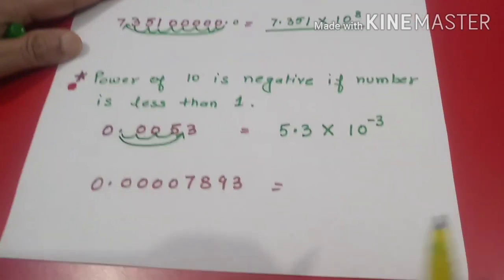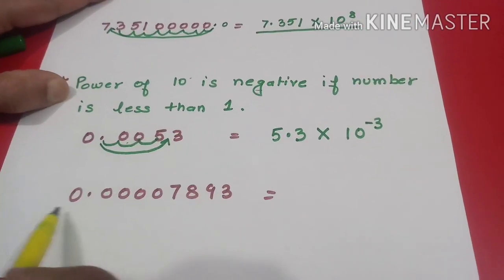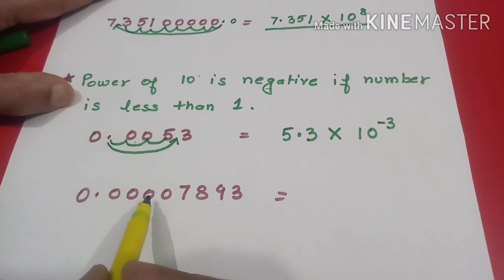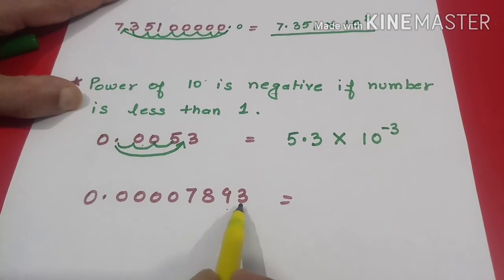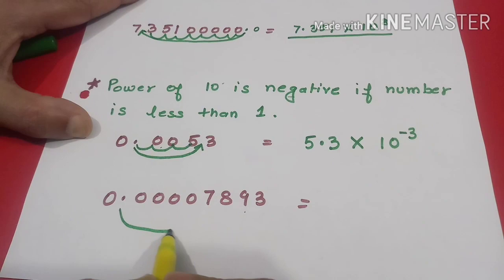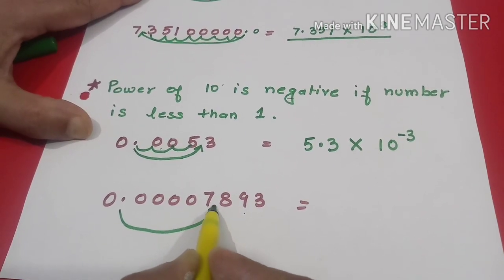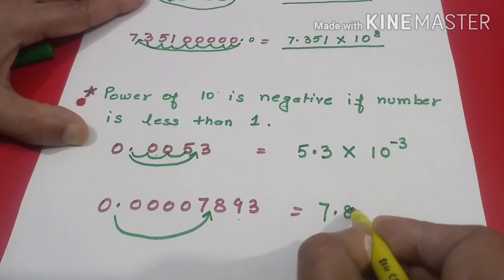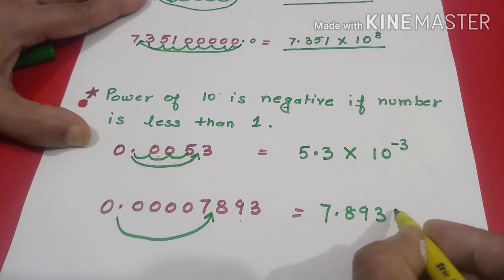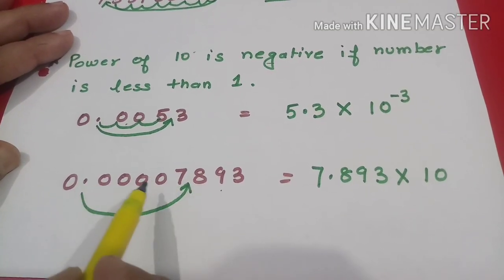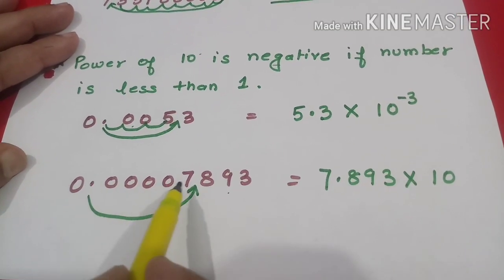Now let's take another example. Again, I have a very small number. This number is 0.000789, and again I have to shift this decimal after the first non-zero digit, that is 7. So my number part is 7.89. My power of 10 part is equal to the number of places the decimal has been shifted.